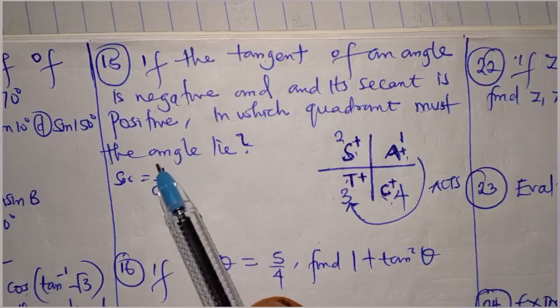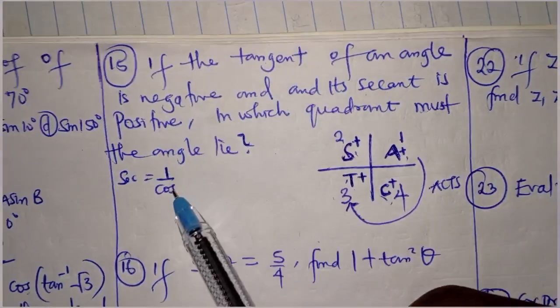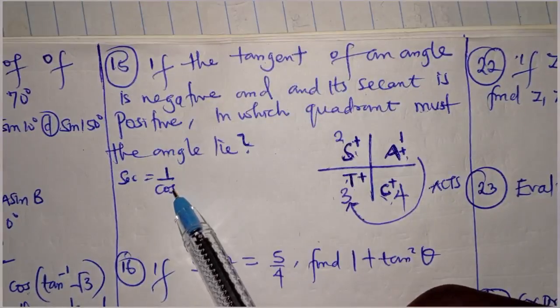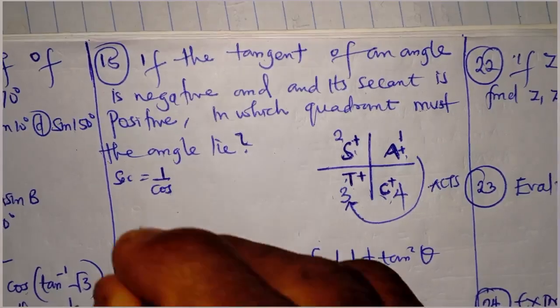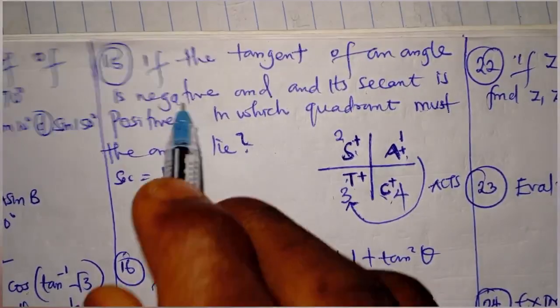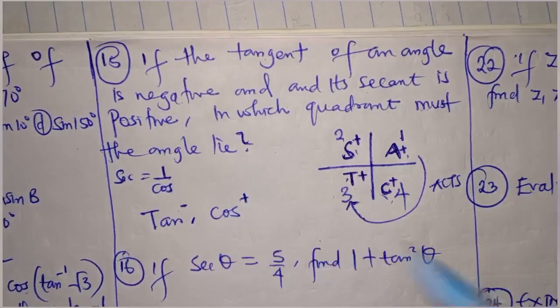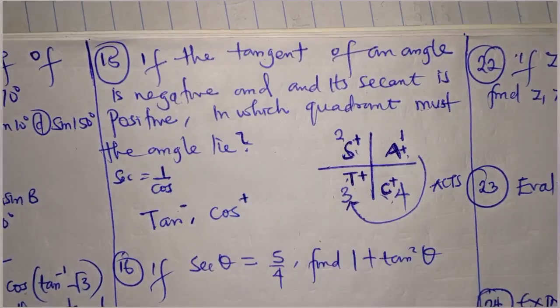Negative. Now that they are telling us that the secant is positive, it means that the cosine is also positive. So the implication now is that this particular angle, the tangent is negative and the cosine is positive.